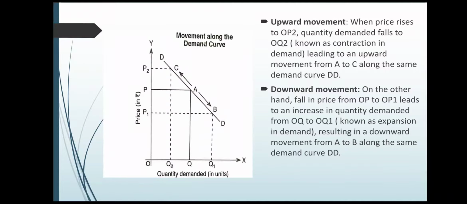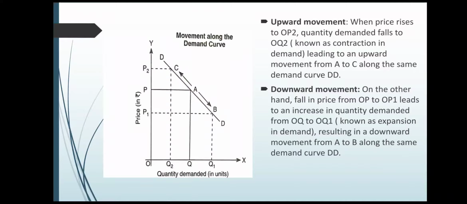So let us read. Upward movement: when price rises to OP2, quantity demanded falls to OQ2, known as contraction in demand, leading to an upward movement from A to C along the same demand curve.